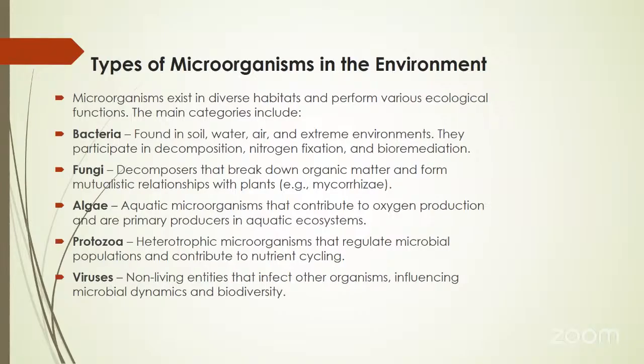The protozoa, for example, Paramecium, amoeba, they are heterotrophic microorganisms that regulate microbial populations and contribute to nutrient cycling. They regulate microbial population because they can engulf bacteria, so they help to regulate the population of microorganisms in the environment, mostly in the water.